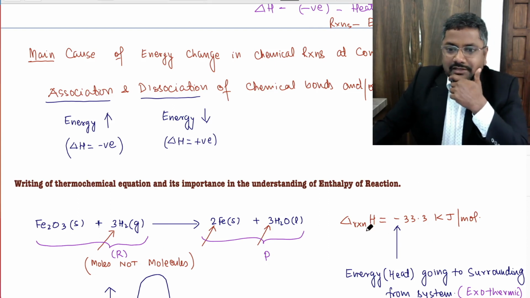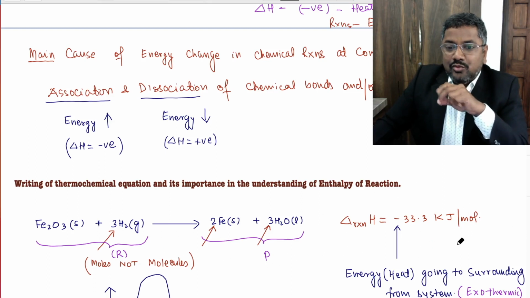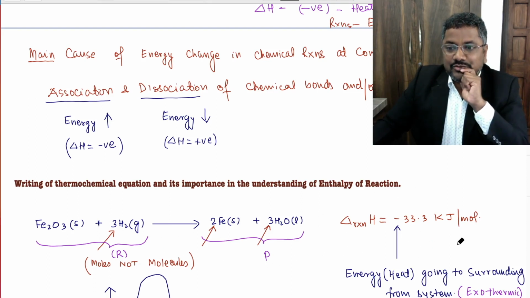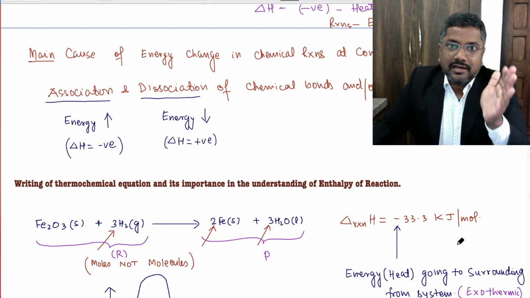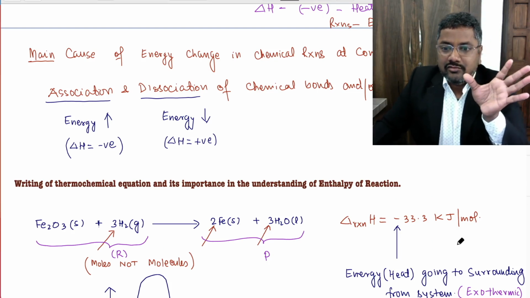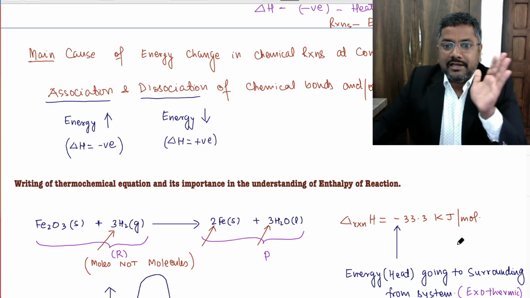So this per mole is the per mole of reaction as written. So be careful whenever the examiner has given you a thermochemical equation and asks you to calculate delta H per mole: don't divide or multiply that equation by any factor.